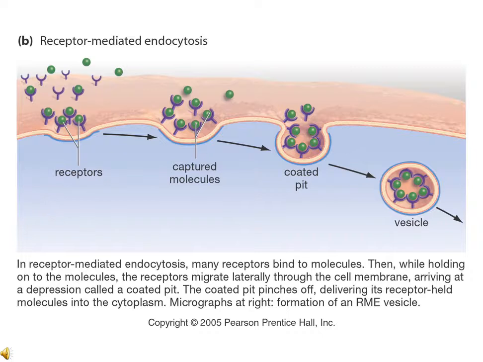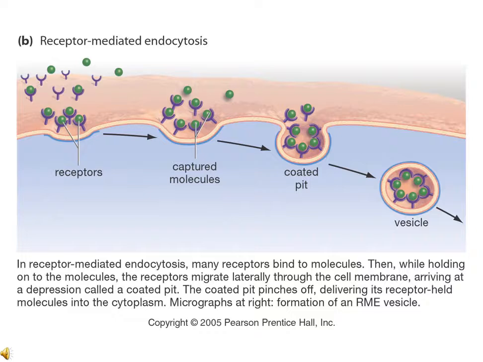Another process where a cell will specifically bring material into its structure is referred to as receptor-mediated endocytosis. Now, an example of this might be the relationship between an immune cell and a virus. The immune cell will have special receptors present that will recognize that virus.